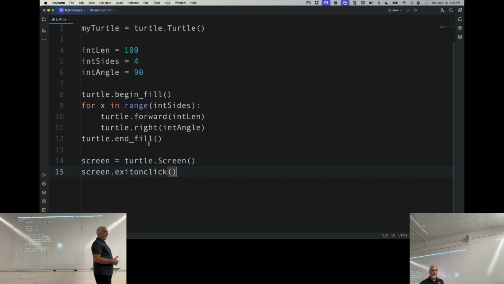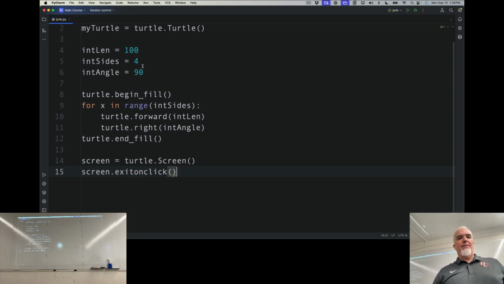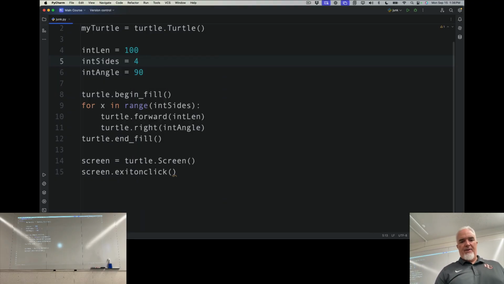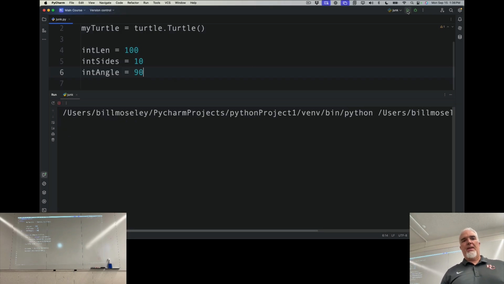Now, if I want to make a 10-sided figure, what angle should I make each corner so that it works properly? Because if I do 10 sides at 90, guess what it's going to do?